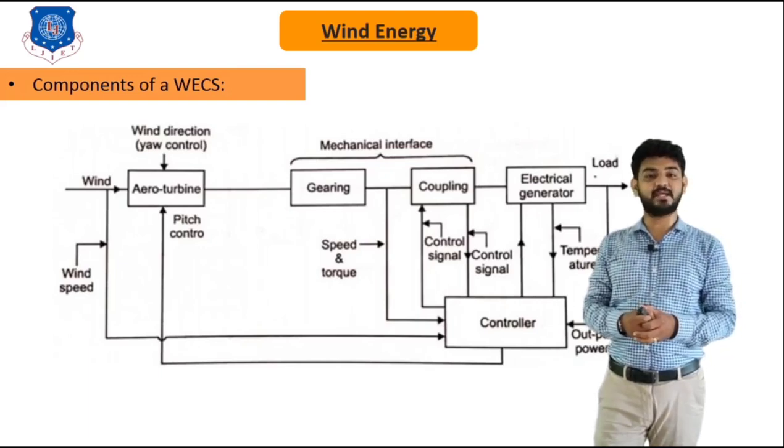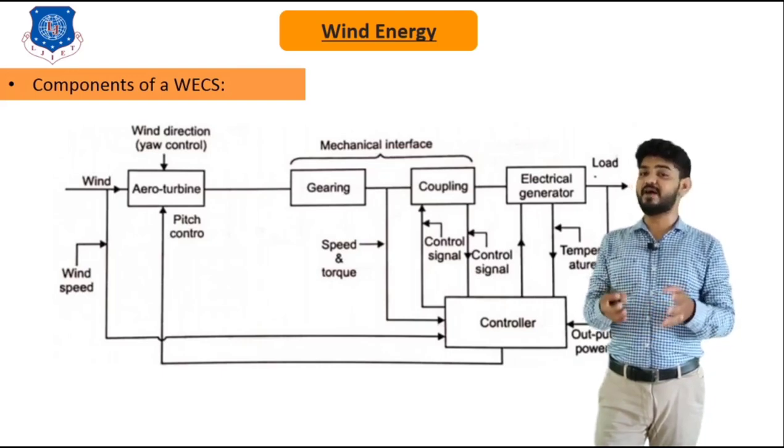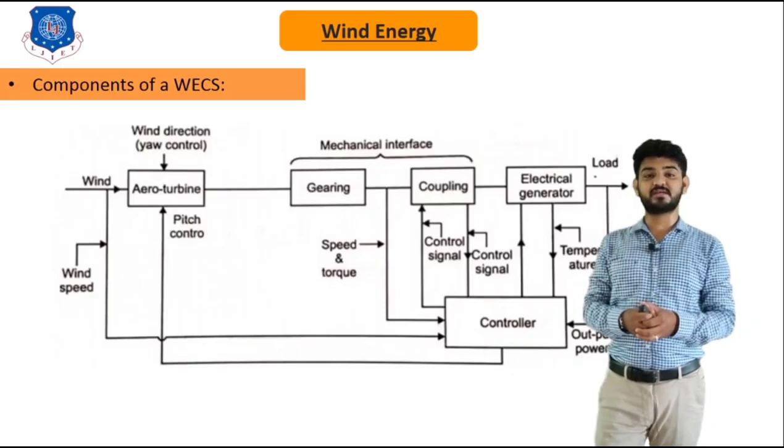This gear assembly is used to increase the speed of the turbine shaft so that we can get more electrical energy. After that, there is the coupling assembly, which connects the shaft of the gearing assembly with the generator shaft.